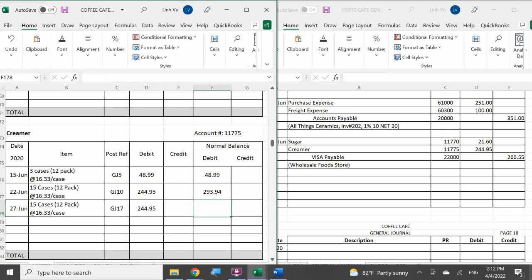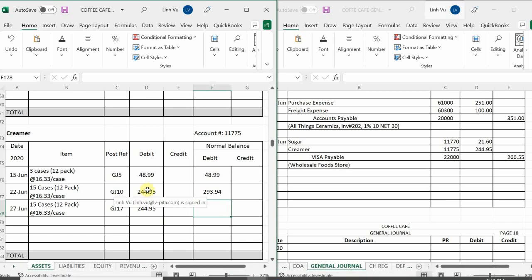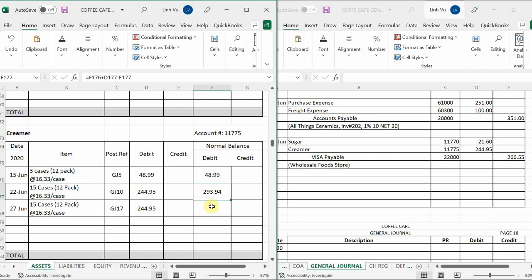So here, what's my grand total balance I have in my creamer account? $538.89. Good.